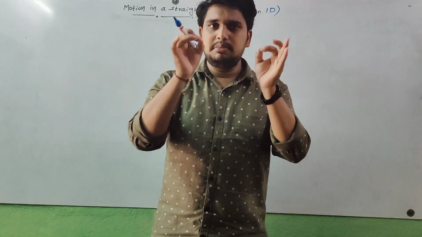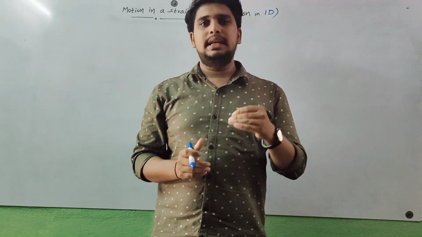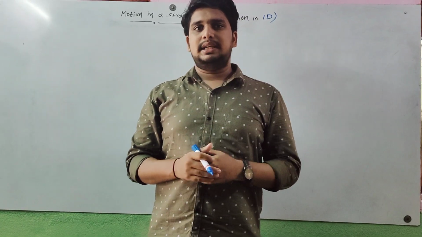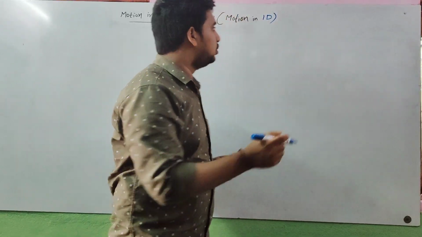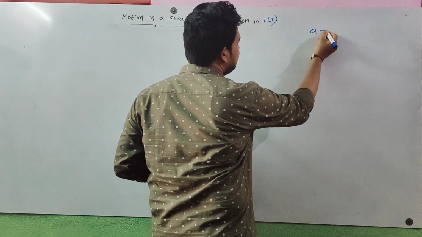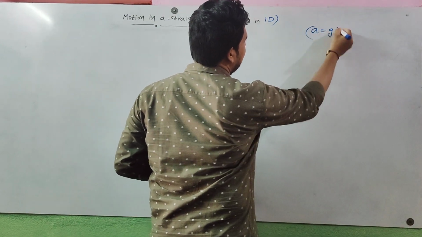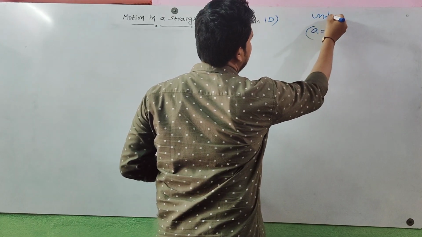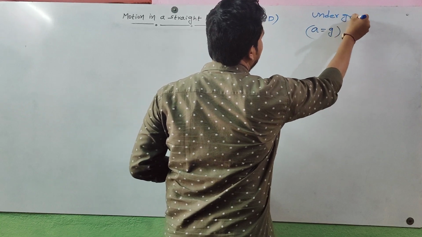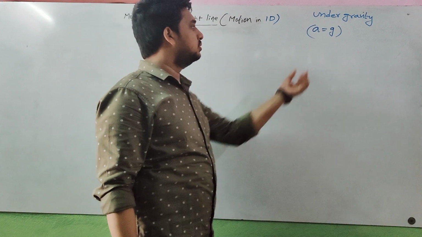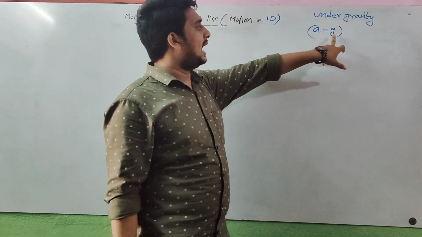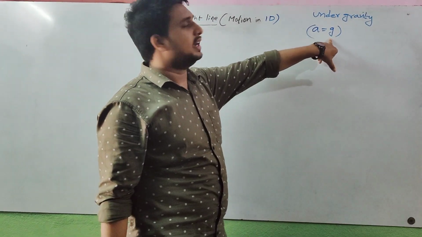The body will move under gravity. Then due to gravity, the acceleration is acceleration due to gravity. That means a is equal to g. When a body moves under gravity, we should take acceleration is equal to g. Here g means acceleration due to gravity.